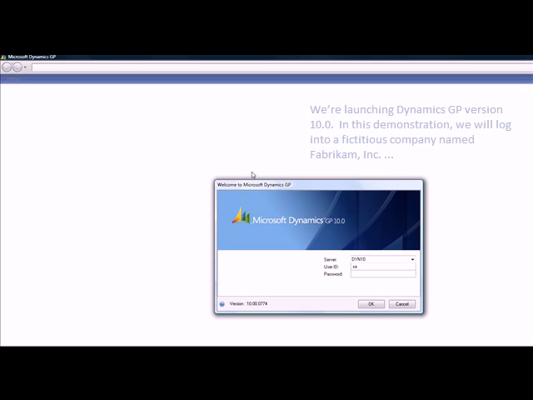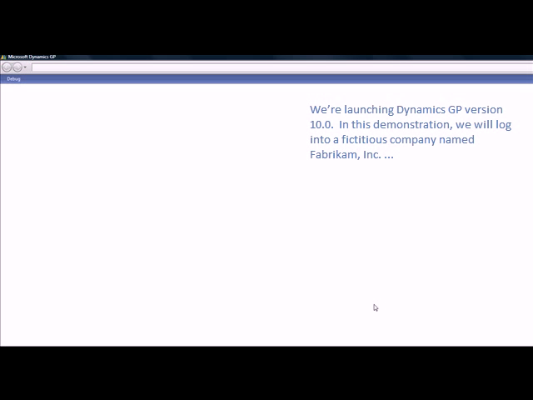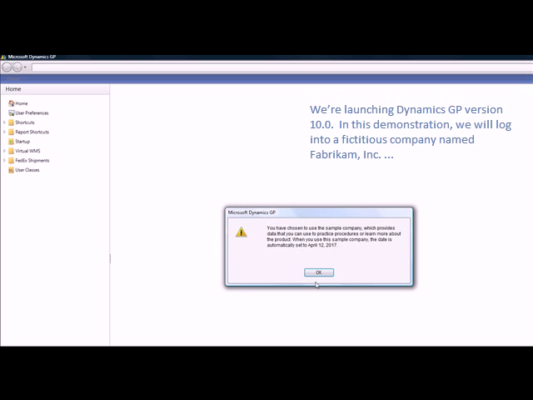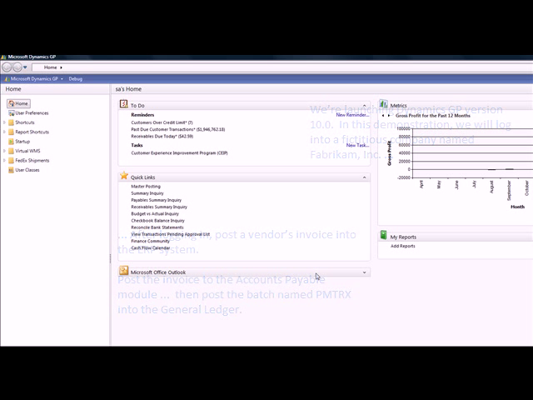Let's start the demonstration. We're launching Dynamics GP version 10.0. In this demonstration, we will log into a fictitious company named Fabricam Inc. and post a vendor's invoice into the ERP system. This will be accomplished by first posting the invoice to the vendor's account in the accounts payable module.